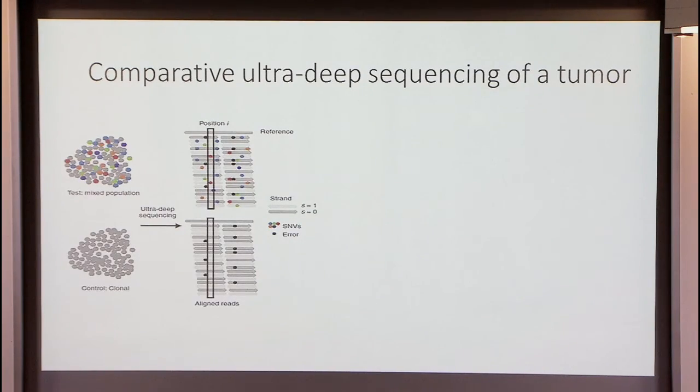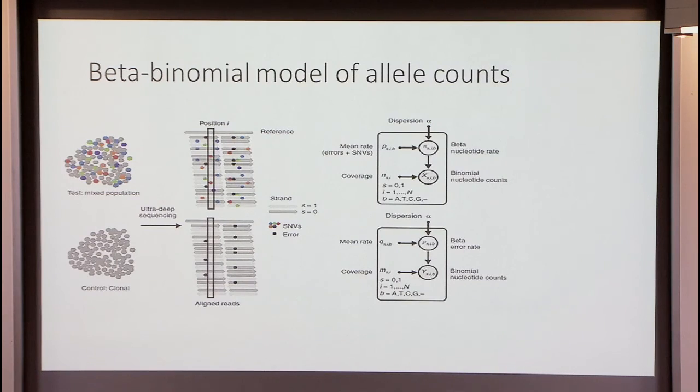Okay, so here's how it works then in the end. As I said, we take the tumor sample and the normal sample, and the assumption here is that there are no mutations in the normal sample. That's strictly speaking not true, but that's the assumption we make here. We apply the same model for both of these samples, and they differ only in this parameter, which is the mean rate of generating variation.